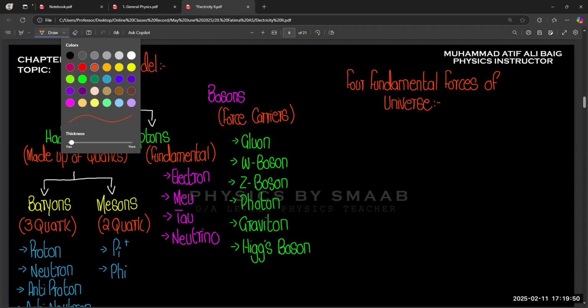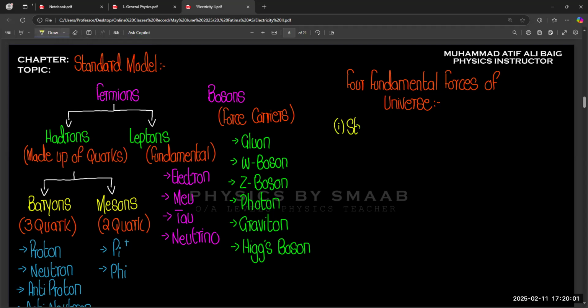So these four forces are the basic or fundamental forces in the whole universe. The first one is the strong nuclear force. This strong nuclear force is naturally already available. We are not making this force, we are not exerting this force in any reference. And the second one is electromagnetic.